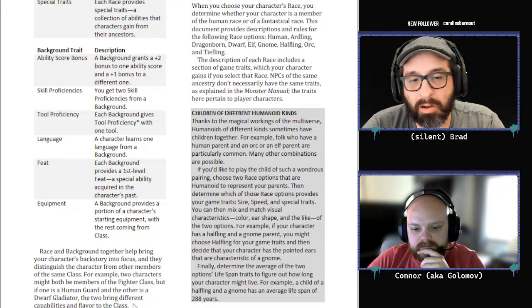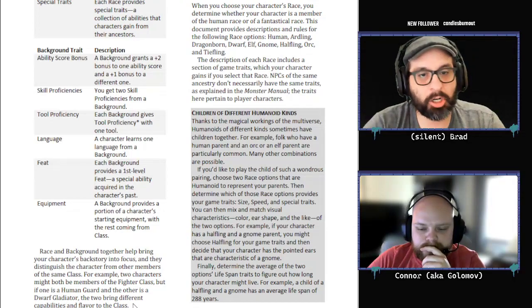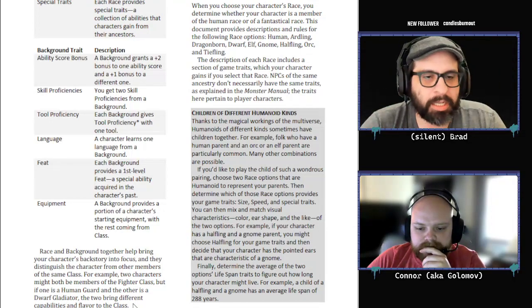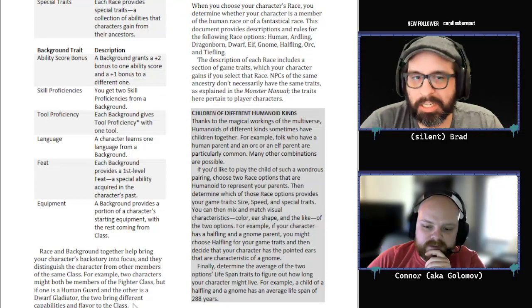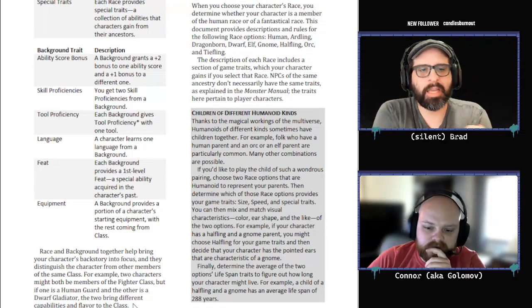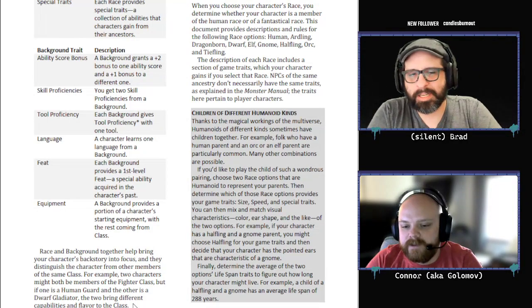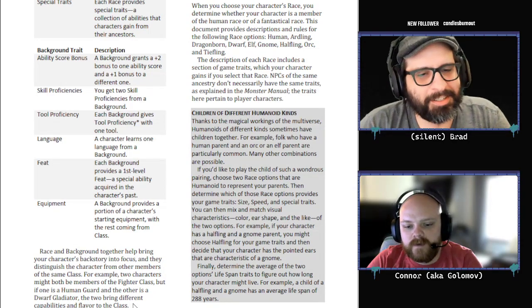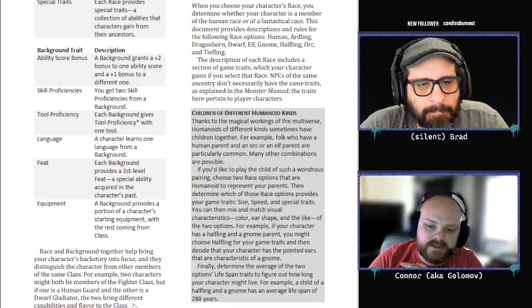Putting it into background makes a lot of sense because it tells you, like, my character is a halfling, but he's been working out his entire life. He's gonna have more strength, right? Exactly. You can still be a halfling barbarian. I think it does make sense both ways, right?